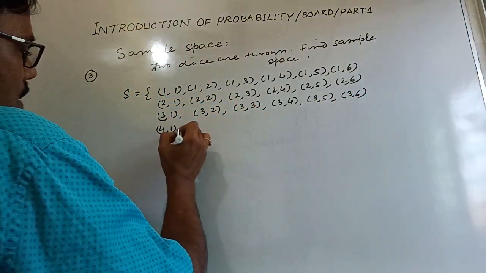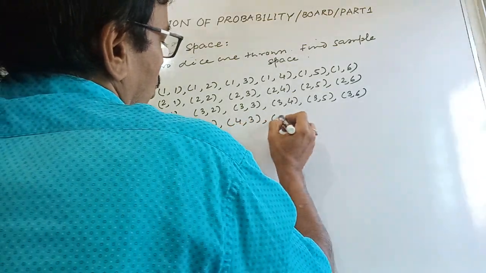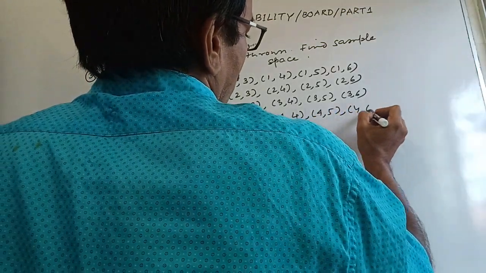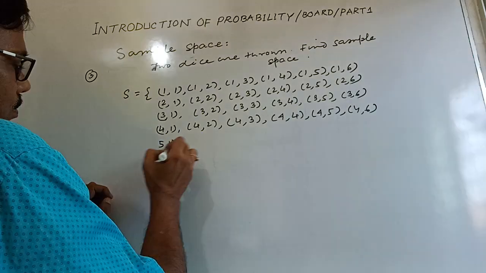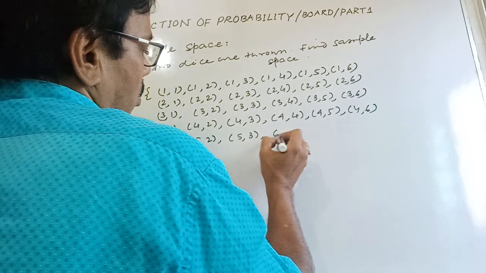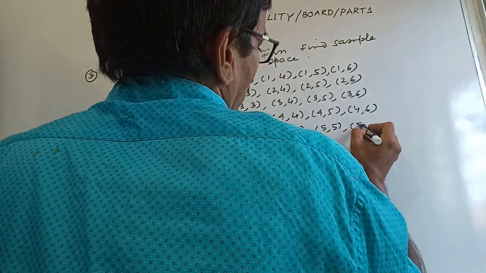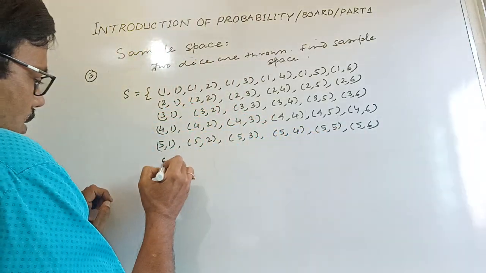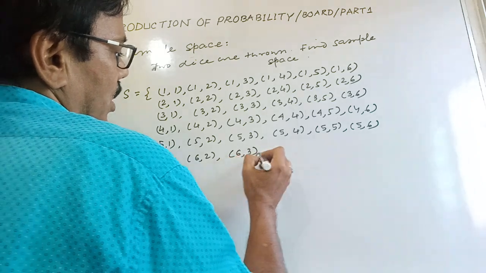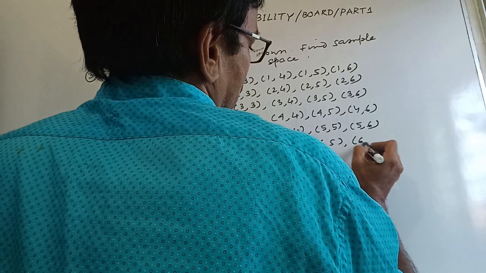4, 1. 4, 2. 4, 3. 4, 4. 4, 5. 4, 6. 5, 1. 5, 2. 5, 3. 5, 4. 5, 5. 5, 6. 6 first, then 6, 1. 6, 2. 6, 3. 6, 4. 6, 5. 6, 6.